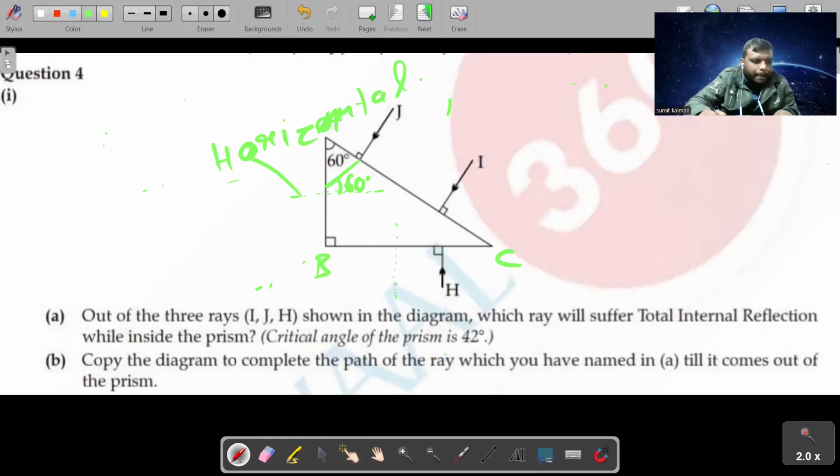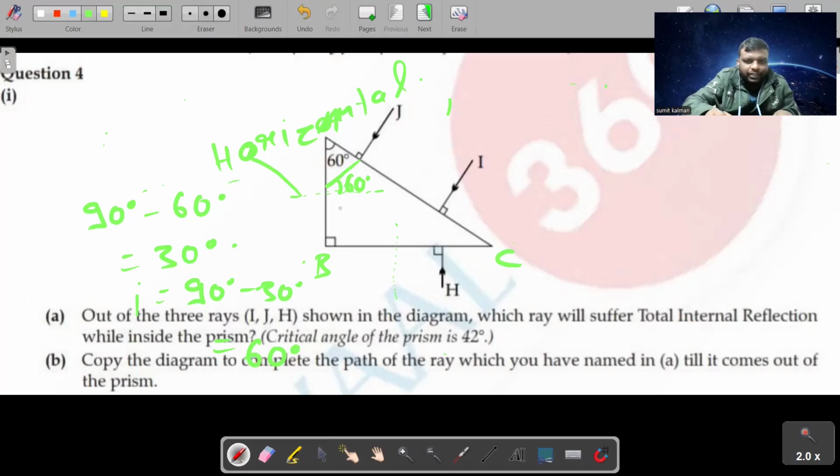And students, the angle between the ray and the vertical will be 90 degree minus 60 degree, and it will be 30 degree. And students, angle of incidence will be 90 degree minus 30 degree, and here it will come out to be 60 degree.